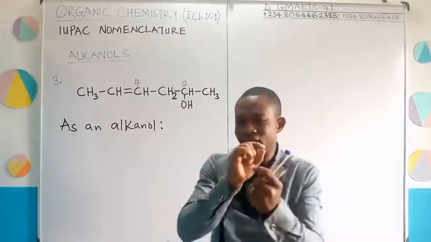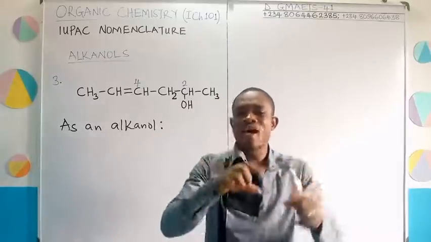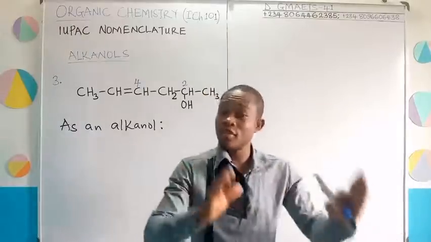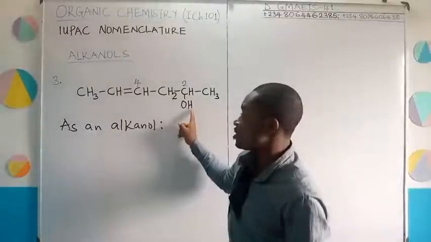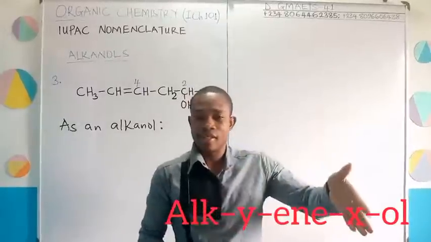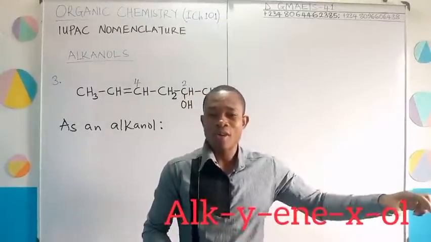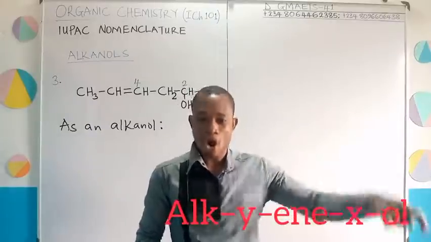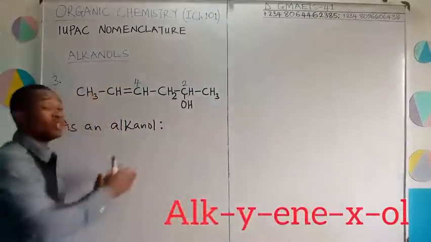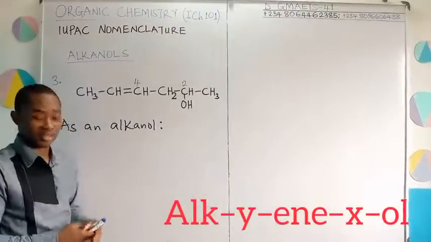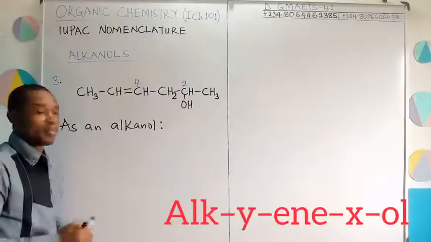The name goes generally in this format, respecting that this is an alkanol: alk, Y, E, X, or. Once again, alk, Y, E, X, or. That's how the name would go. I made reference to something like that when we treated alkenes, so you can refer back to it.